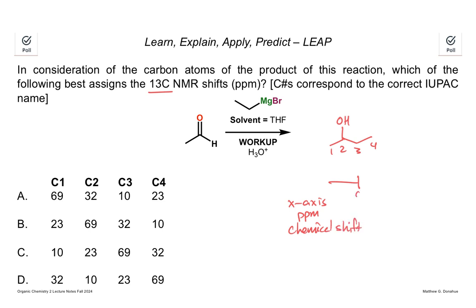And we had learned last semester that a way to think about it is methane is sort of 0. And as you start substituting H's for other things, you're pushing it towards the end of the scale, which is at about 220 parts per million.